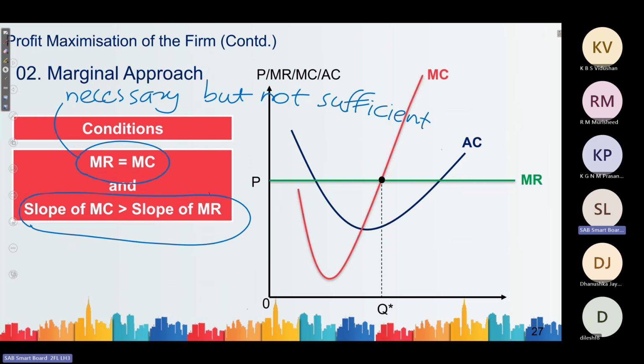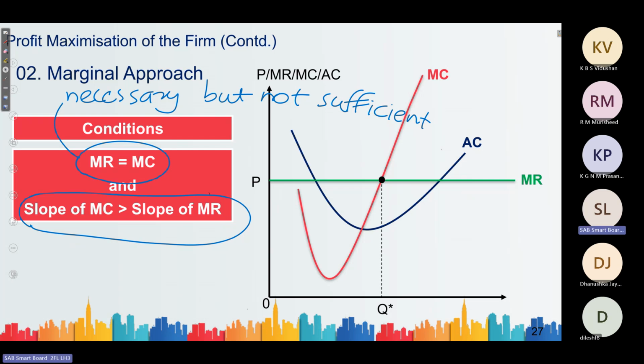These concepts we discussed regarding a perfectly competitive firm. These models are developed based on a profit maximizing, perfectly competitive firm. So this ends with profit maximization.